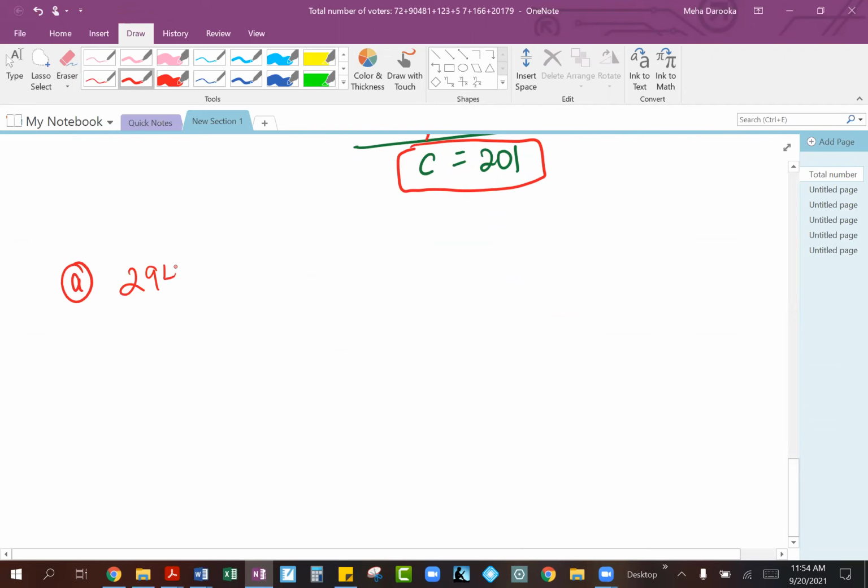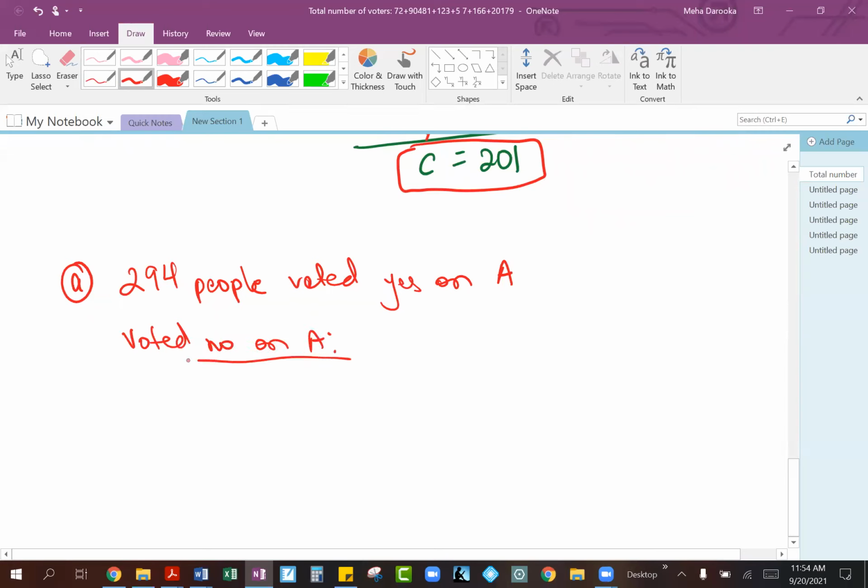So we know 294 people voted yes on A. So basically, the number who voted no on A would be the total minus the 294, which, remind me again, I think you said 496.